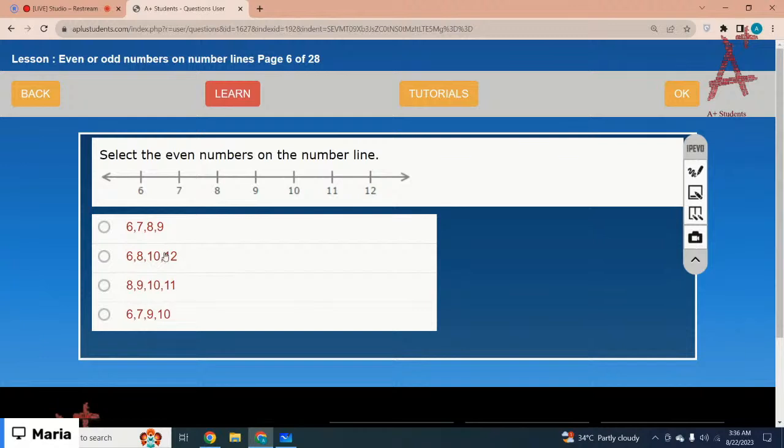They are 6, 8, 10, and 12. Option number 2 is the correct option, right?